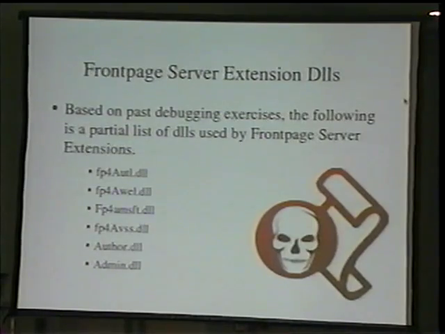Here is a partial list of the FrontPage server extension DLLs. The Auth-L and AWEL DLLs you'll find are used more often than any of the others. The author and admin DLLs almost contain stub-like functions that are used to call functions in the earlier DLLs.